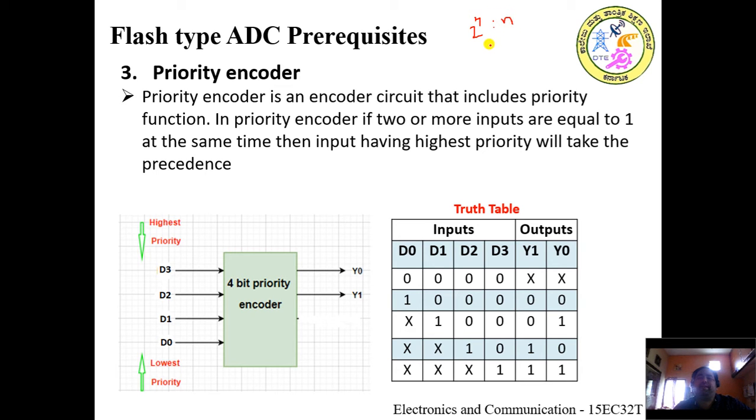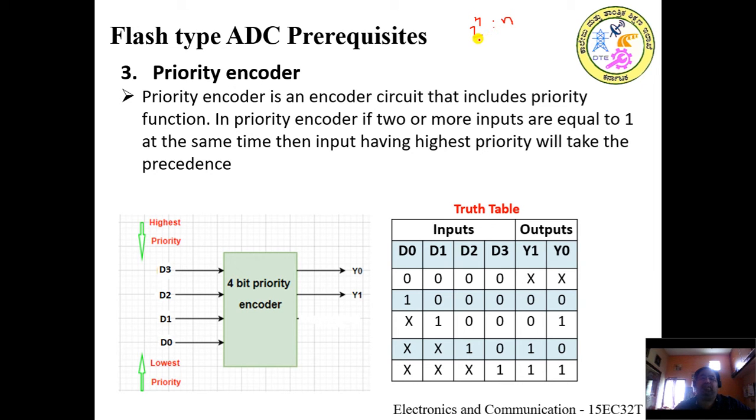Which means an encoder is a combinational logic circuit which accepts binary information on 2 to the power of n input lines and produces an encoded output on the n output lines.